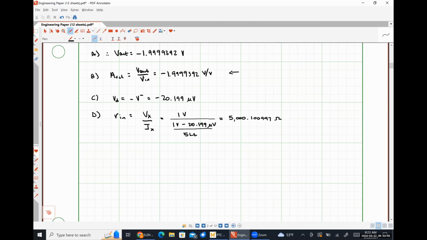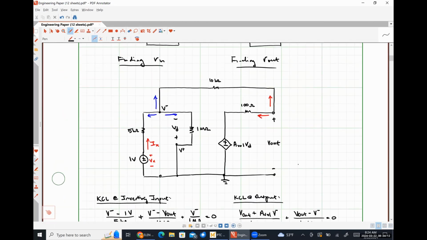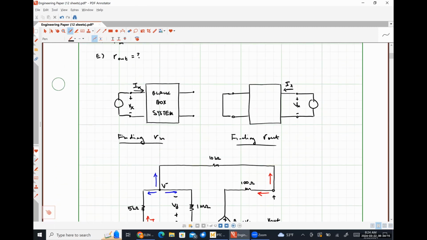For our output resistance, that's going to be a little bit trickier. If we look at this original diagram for finding R out, I described it as we apply a test source at the output terminals of the op amp and find the resistance from that.